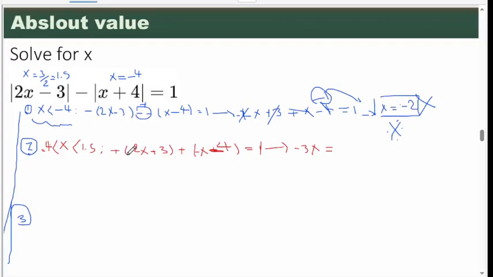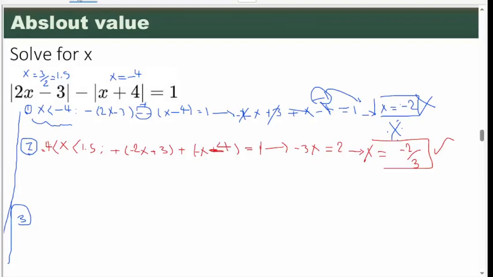As I said, it would be negative 2x plus 3, so it would be negative x, and negative 4 equals 1. Yes, negative 2x, negative x gives me negative 3x, and positive 3, negative 4 gives me negative 1. Bring it, would be 2. So x equals negative 2 thirds. Negative 2 thirds is larger than negative 4 and smaller than 1.5. So it's correct. I can get this x.